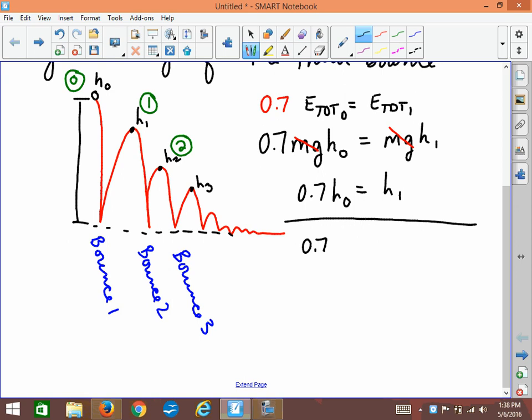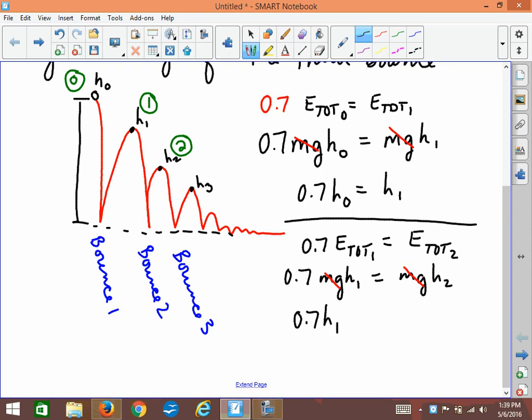So 70% of the total energy at position 1 will become the total energy at position 2 after the second bounce. And again, we get 0.7 mg height at position 1 equals mg height at position 2. And again, the mg's cancel out, and we get another expression: 0.7 H1 is what H2 would be. The same idea.